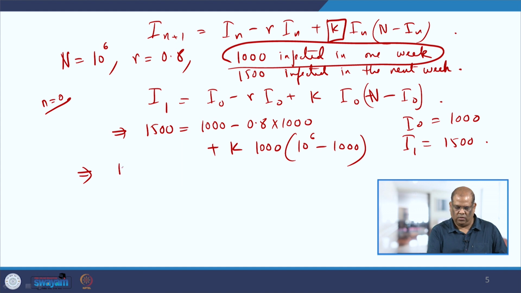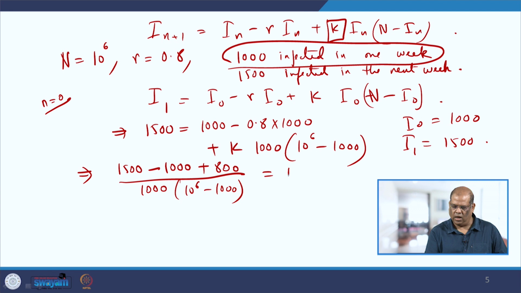This is 1500 minus 1000 plus 800, divided by 1000 times 10 to the power 6 minus 1000, and that gives you the value of k.